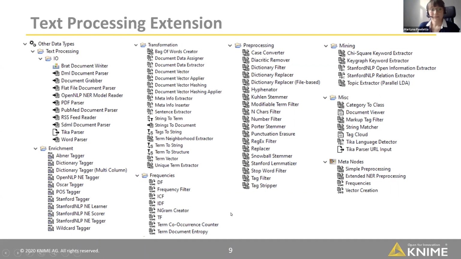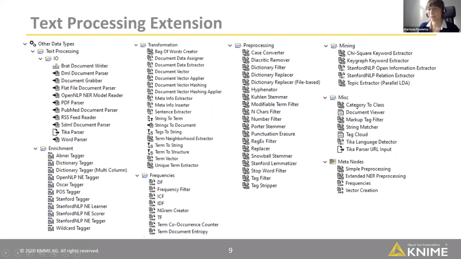Then we have different nodes that can transform your data into numbers. So there are different possibilities to calculate frequencies, for example, like the term frequency or the inverse document frequency. There's a huge list of nodes for preprocessing, like the case converter, different types of stemmer or lemmatizer, punctuation eraser, and so on.